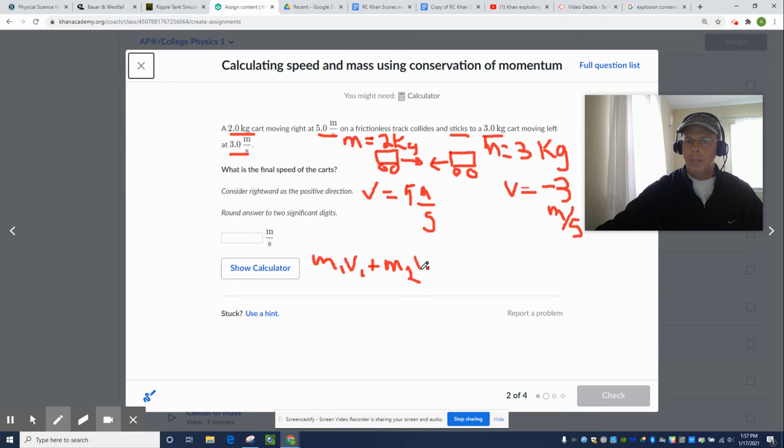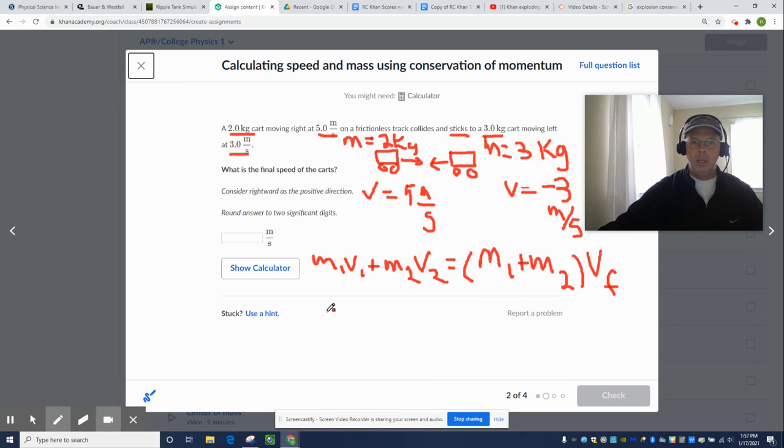And two masses become one. That's the way I like to think of inelastic collisions. So we're just going to do m1 plus m2 multiplied by the final velocity. So this is how we express the final momentum in a sticky collision. You literally add the two masses.